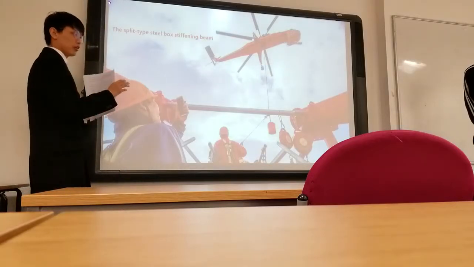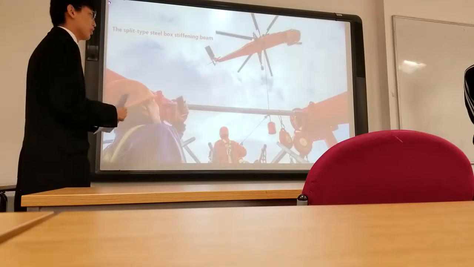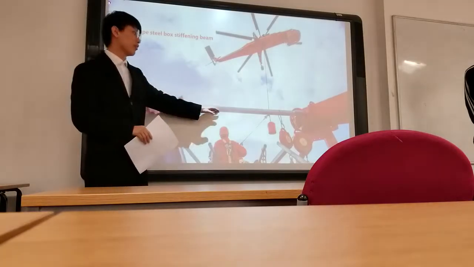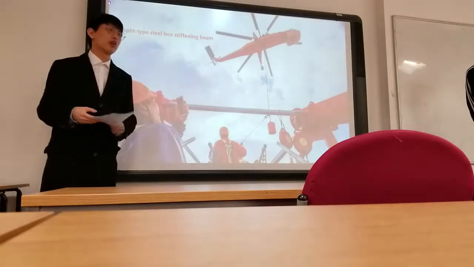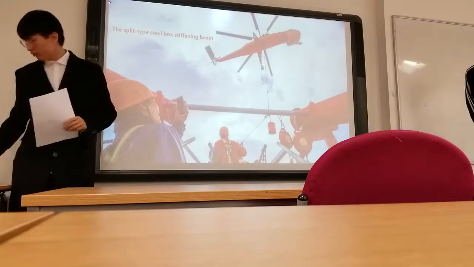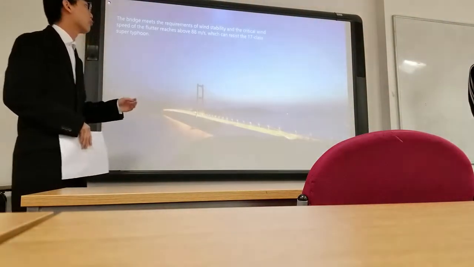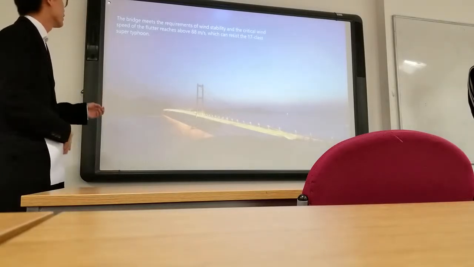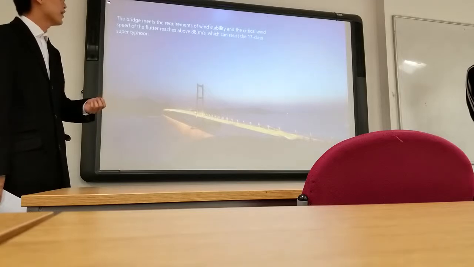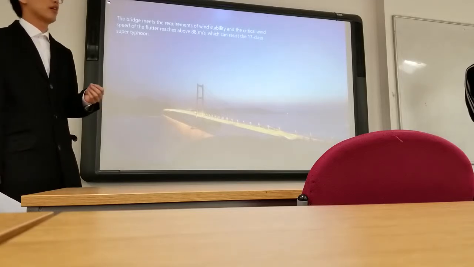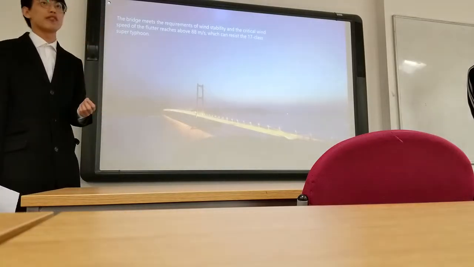So when the wind has a fluid effect on the bridge, the different frequencies of the materials will offset this force. So the bridge meets the requirements of wind stability, and the critical wind speed of flutter reaches about 88 meters per second, so the bridge can resist a 17-plus super typhoon.